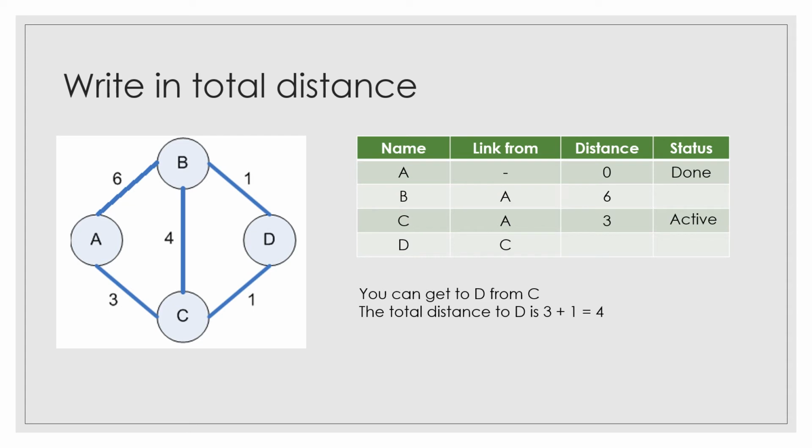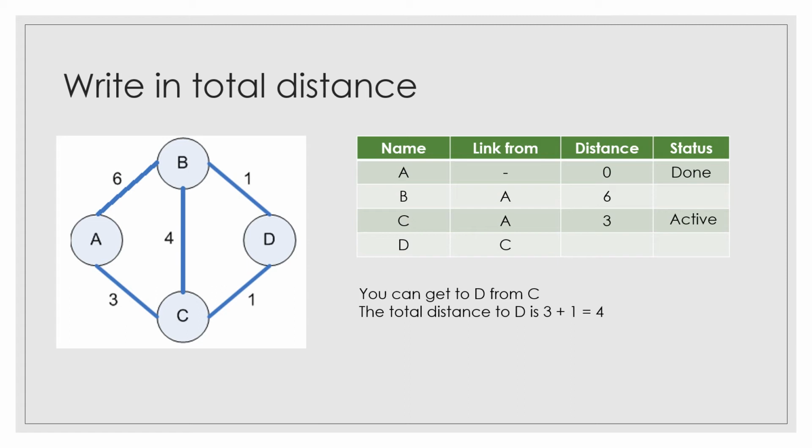So let's go through those one at a time. From C to D is a route of weight 1. But what we write in is the total distance. So don't forget this. In the distance column, we write the total distance from the start node. So from the start node A to D is 4.